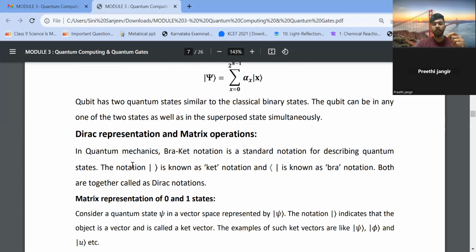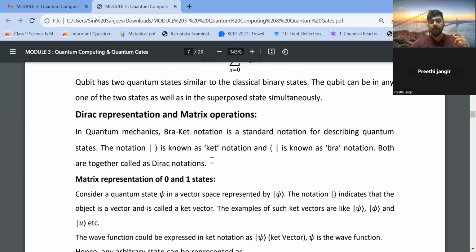But just to know, this is called ket notation. And the one with the less than symbol is called bra notation. So these together are called Dirac notations, ket as well as bra notation. Two notations are there for representing the matrix respectively.